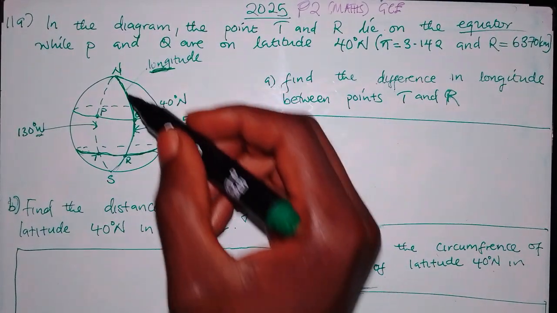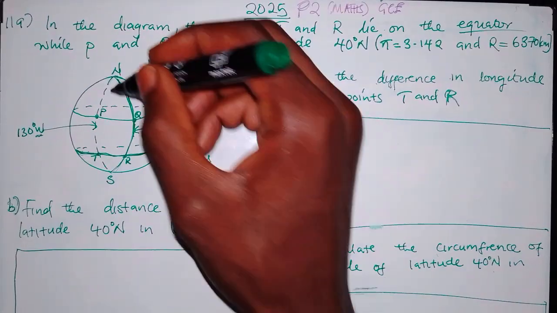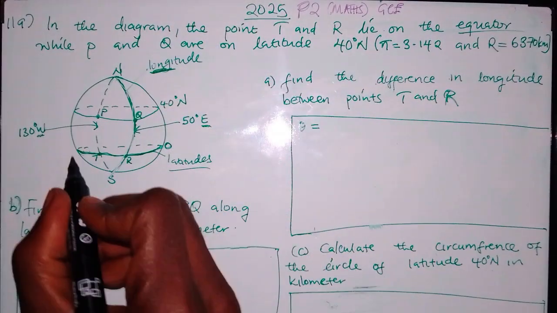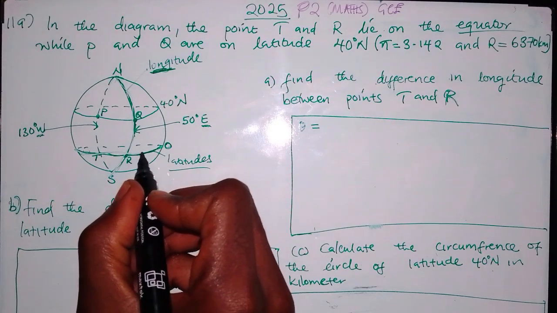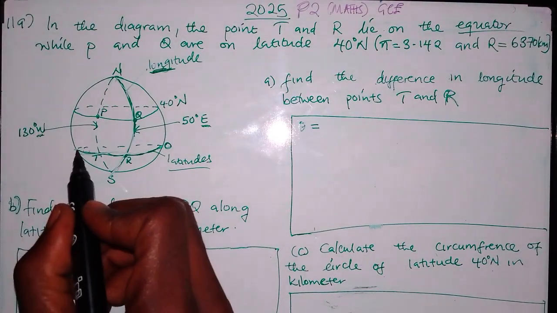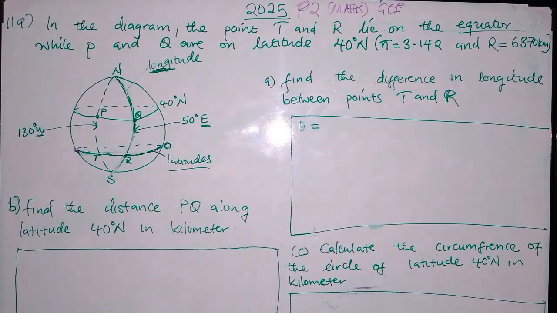We have lines which run from north to south, and then we have lines which run from west to east. These lines differ. The lines which run from west to east are known as latitude.